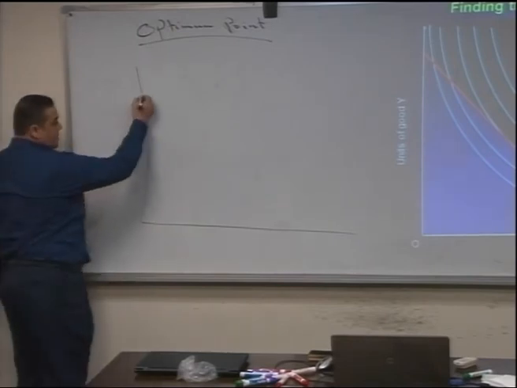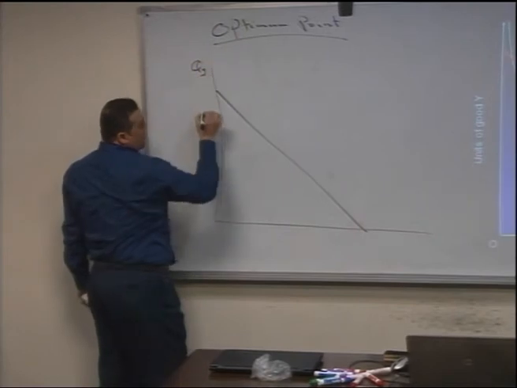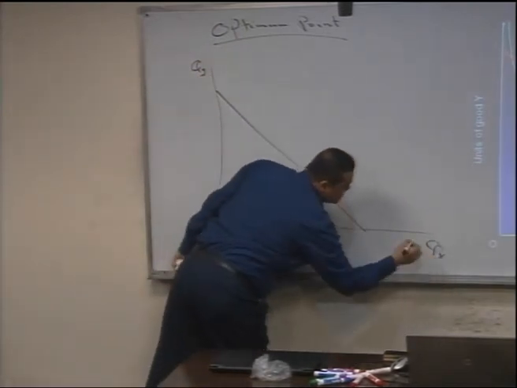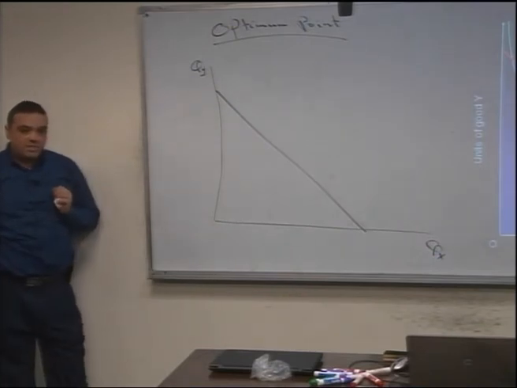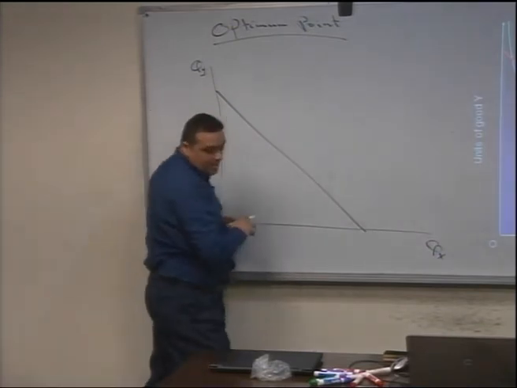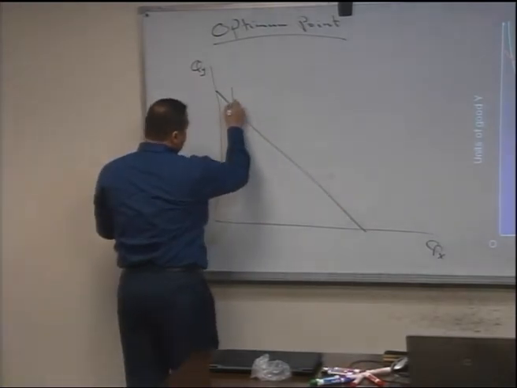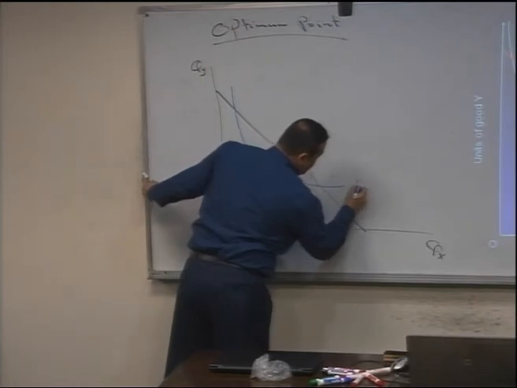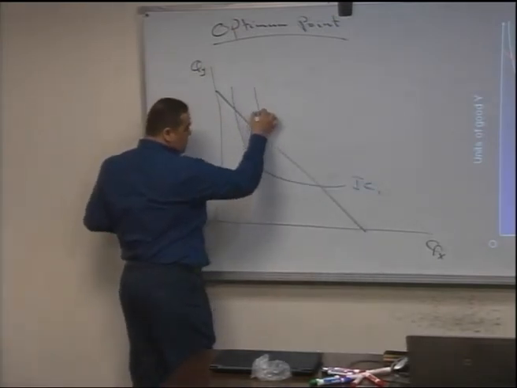This is the budget line, quantum Y and quantum X. This is the budget line, and let us assume that we have many indifference curves. This is indifference curve 1, IC1, and IC2.